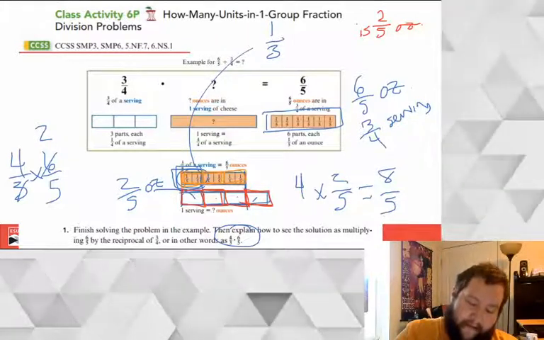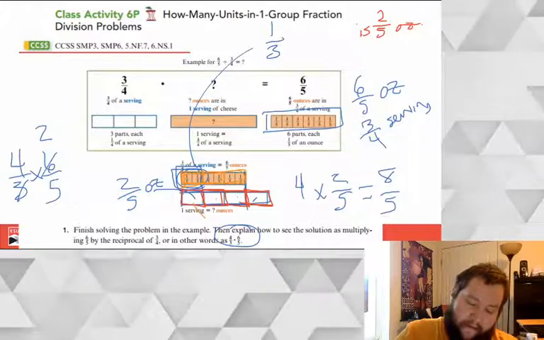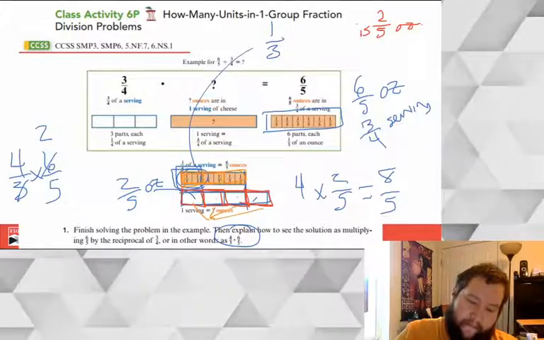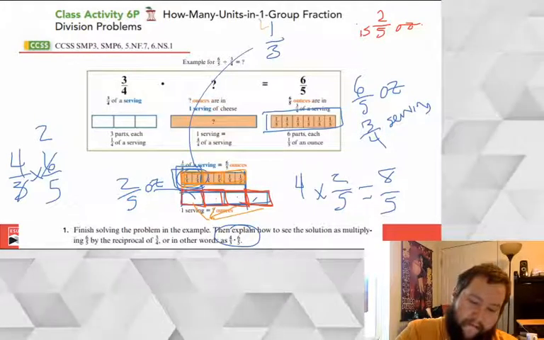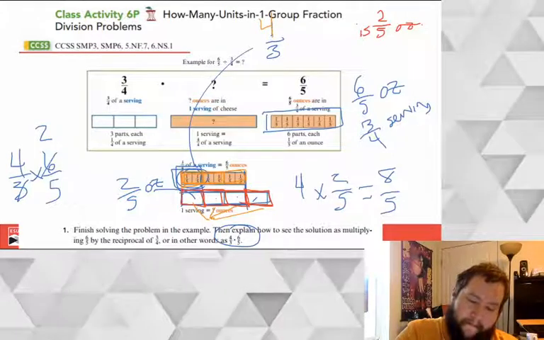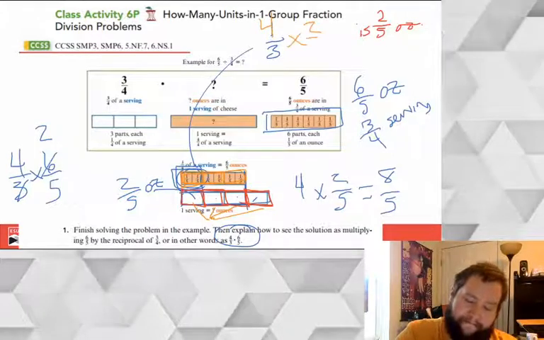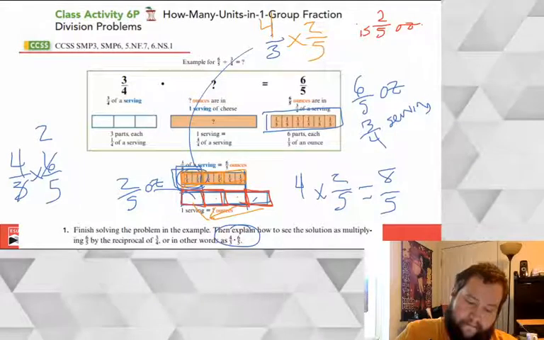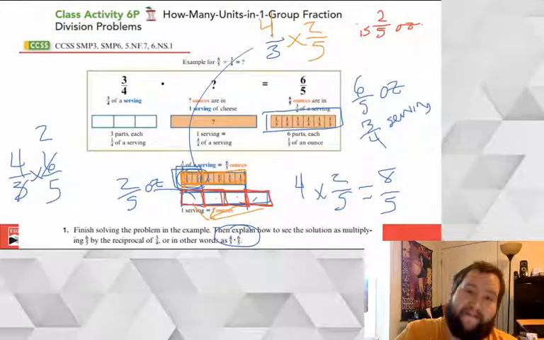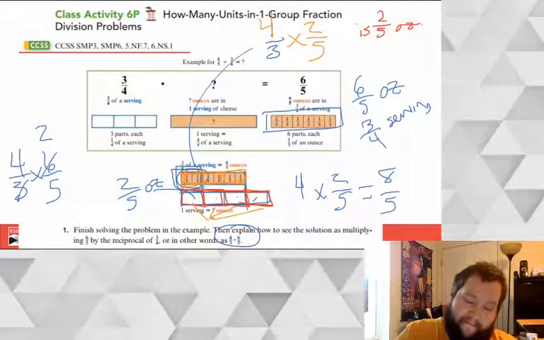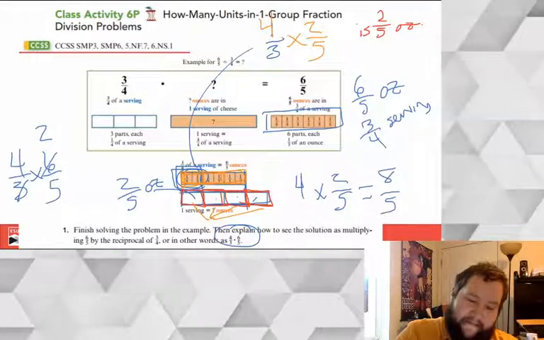And how many of those thirds do we have? We have 1, 2, 3, 4 of them. So we have 4/3 times 2/5. But it's not 2/5, it's 6/5.